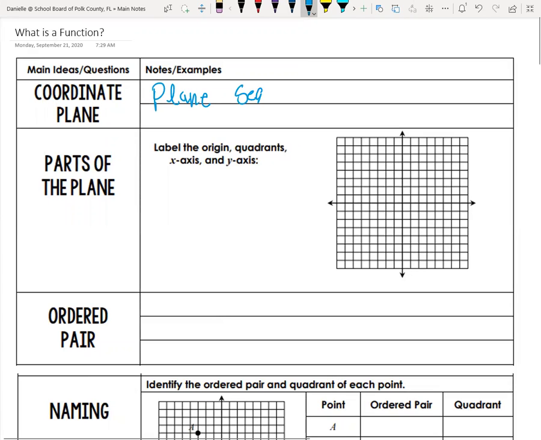oops, that's not how you spell this word, separated into 4 equal pieces. And it is used to graph.